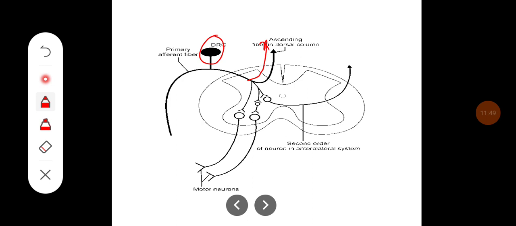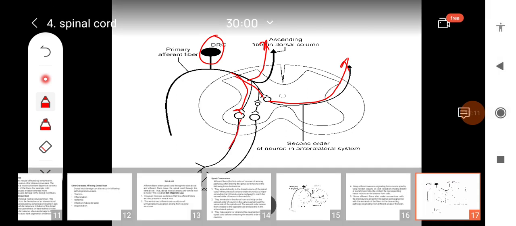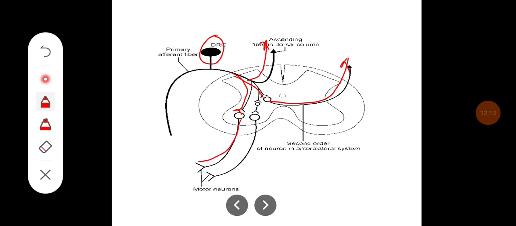Then, without any relay, or after relaying, it can enter into the opposite spinal cord to enter into the anterolateral system. Or they may terminate directly on the anterior motor neuron, which can act as the motor neuron, or sometimes they may terminate on the interneurons. And then they can innervate the anterior motor neuron for the motor action.